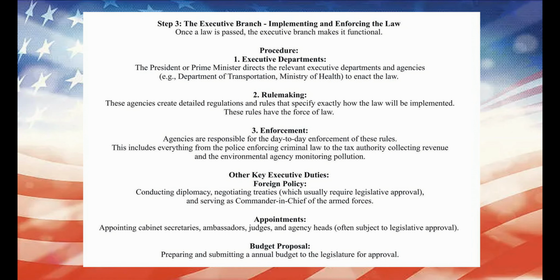These agencies create detailed regulations and rules that specify exactly how the law will be implemented. These rules have the force of law. 3. Enforcement. Agencies are responsible for the day-to-day enforcement of these rules. This includes everything from the police enforcing criminal law to the tax authority collecting revenue and the environmental agency monitoring pollution.